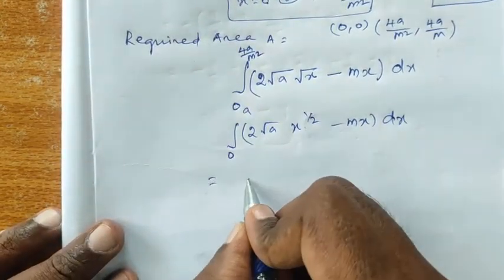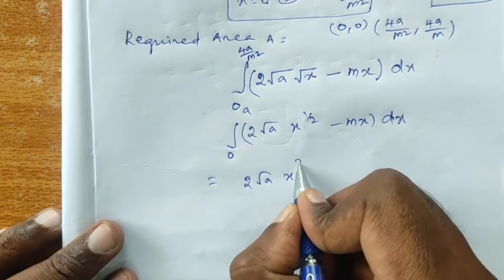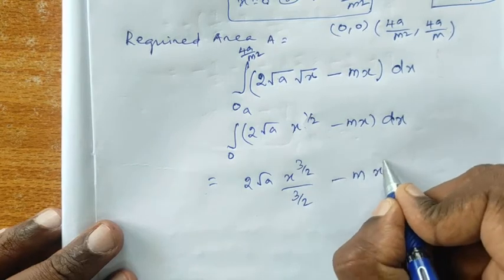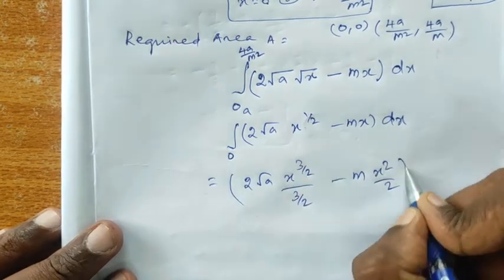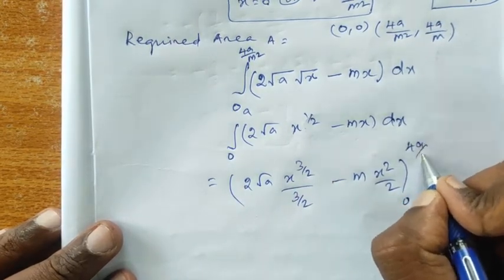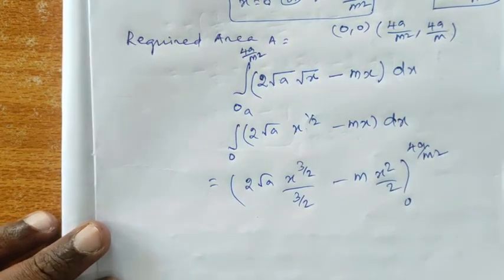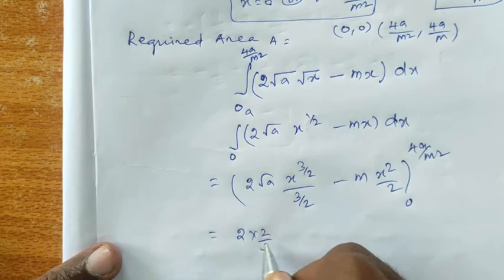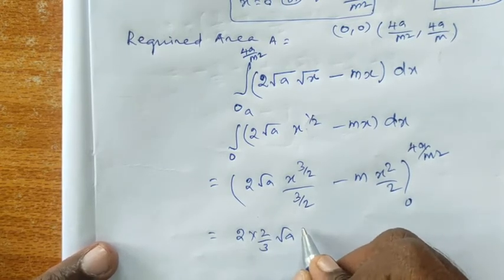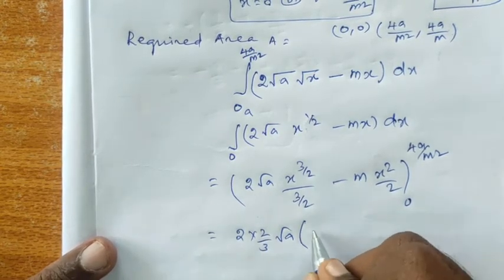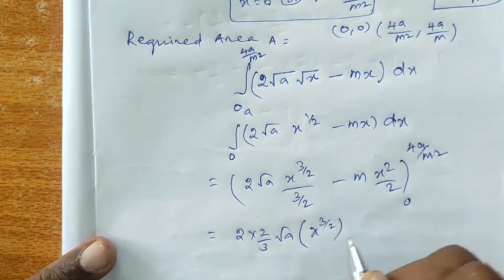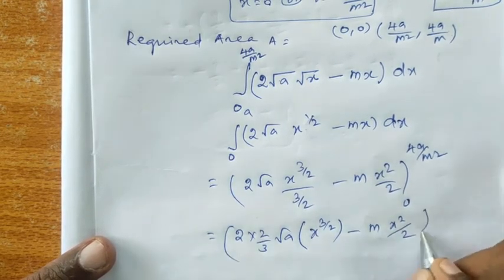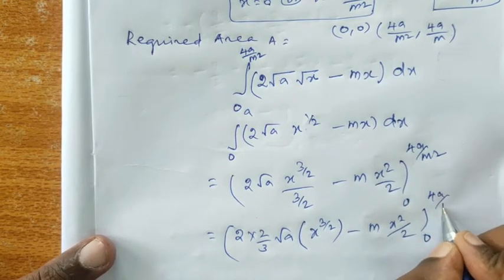Which is equal to 2 root a into x power 3 by 2 divided by 3 by 2, minus m into x square by 2, over 0 to 4a by m square. So next line: 2 into 2 by 3 root a into x power 3 by 2, minus m into x square by 2, from 0 to 4a by m square.